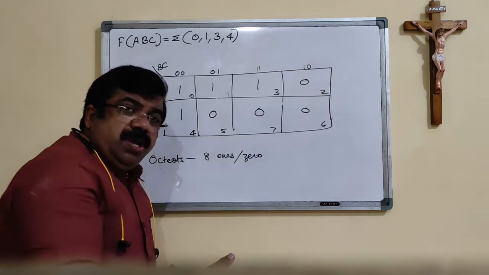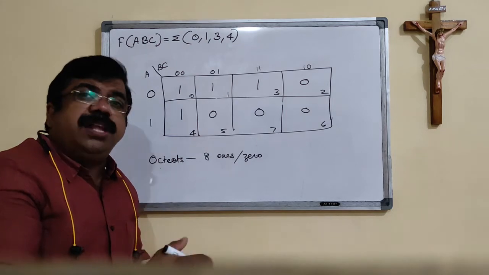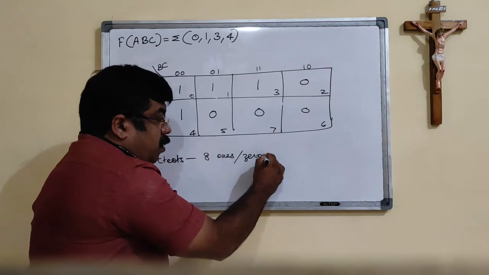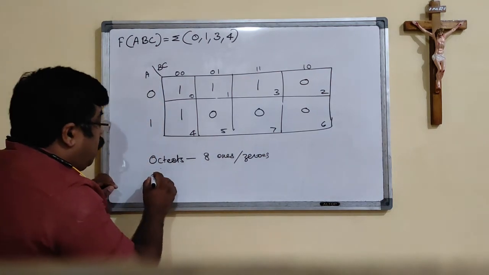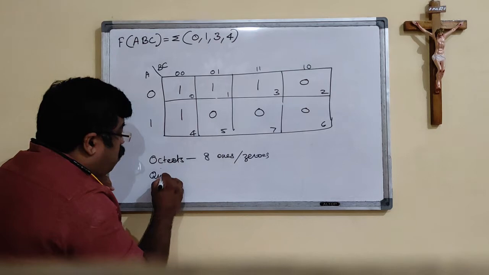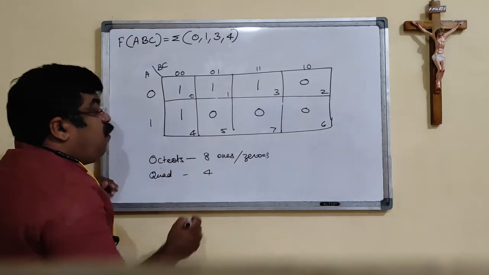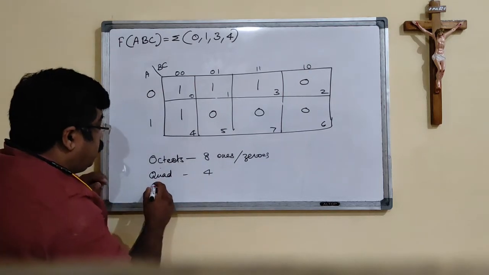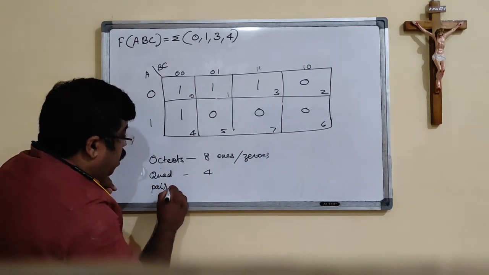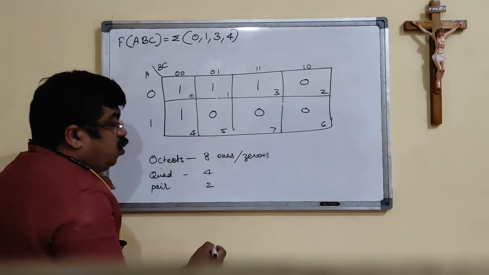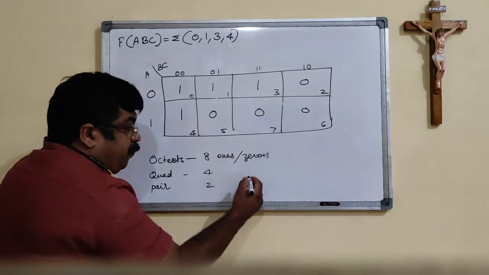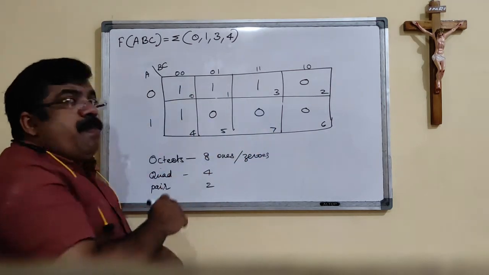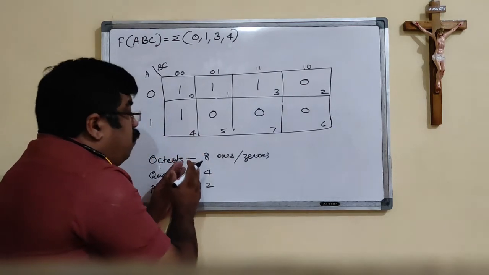In the minterms, we will say 8 ones, and in the maxterms, we will say 8 zeros. Okay, now next one is we have to try for quad. It is trying for 4 ones or 4 zeros. Then next one is pair, which tries for 2 ones or 2 zeros.